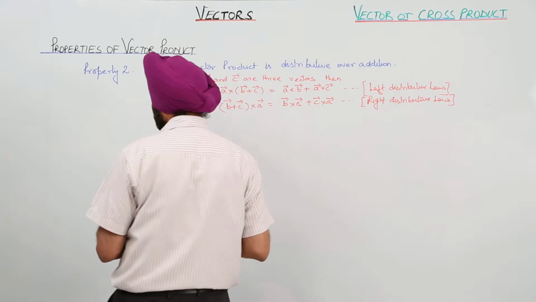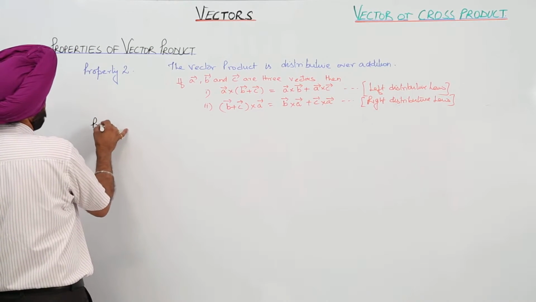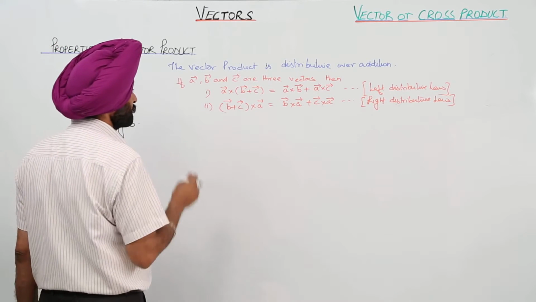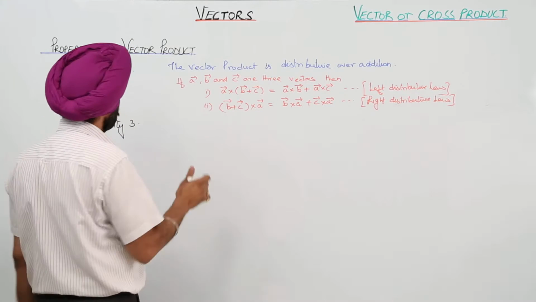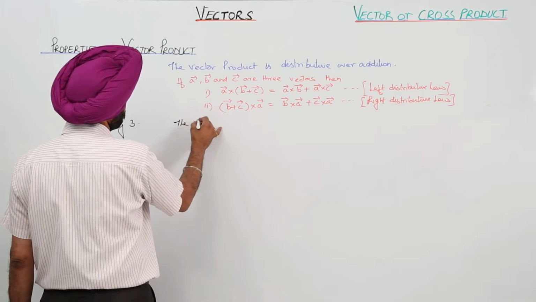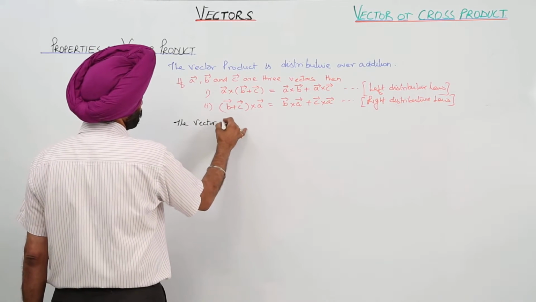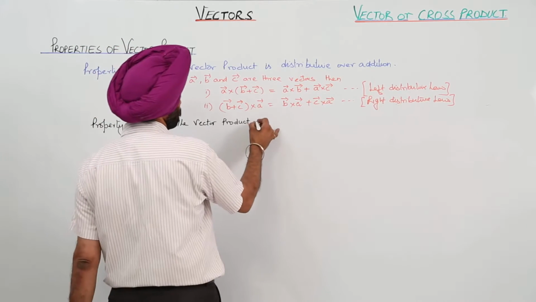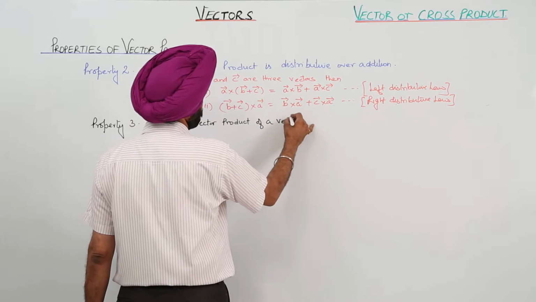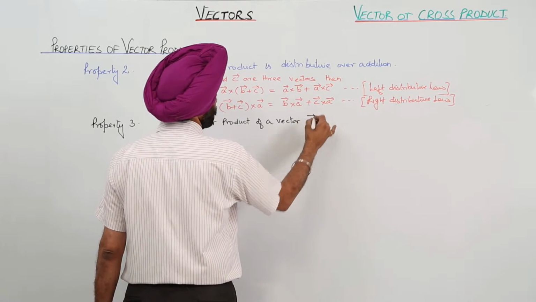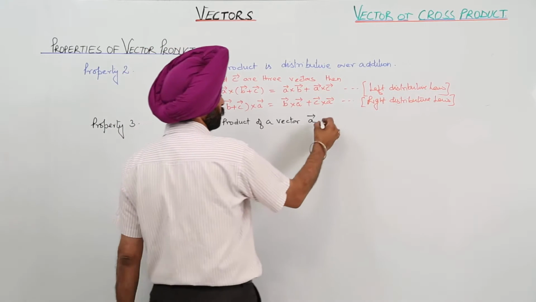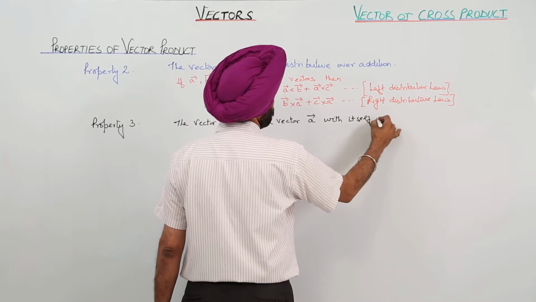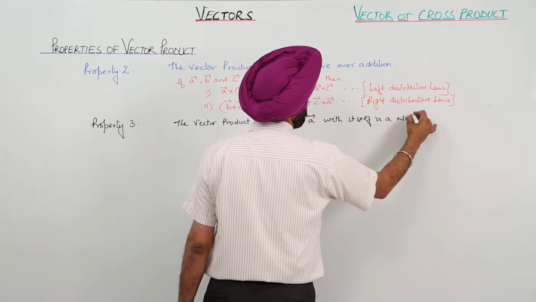Now property 3, what this states? Property 3 is the vector product of a vector, let it be vector A, with itself is a null vector.